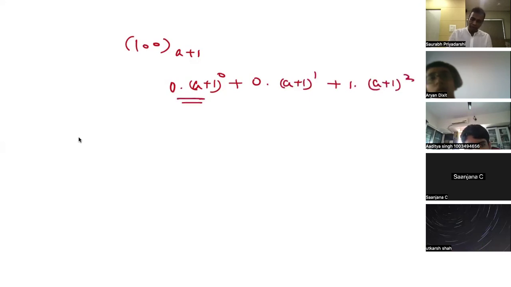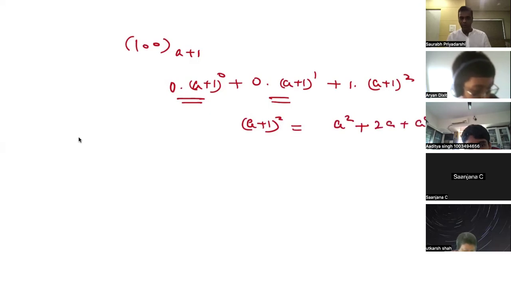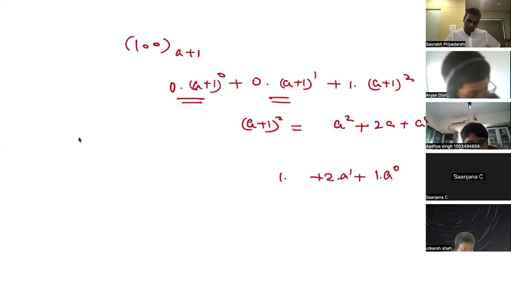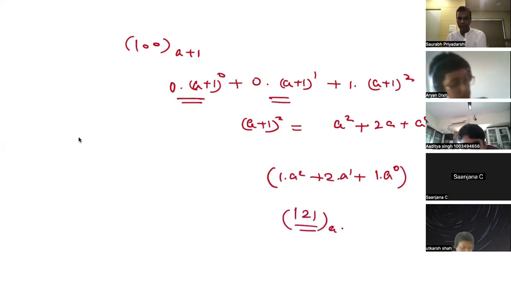This will be 0, this will be 0, this is nothing but (a plus 1) whole square, which is a square plus 2a plus 1. I'm writing a to the power 0, so exactly the number is a to the power 0 into 1, 2 into a to the power 1, 1 into a square. So this is 1 2 1 with a base a. Okay Sanjana, is this okay? Yes, sir.